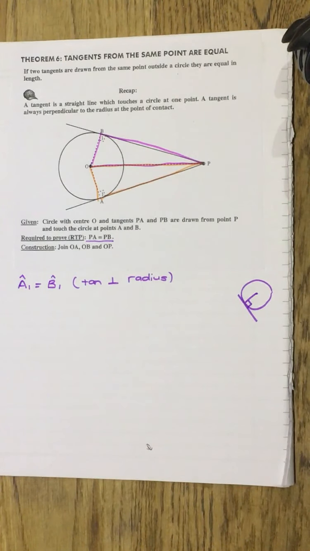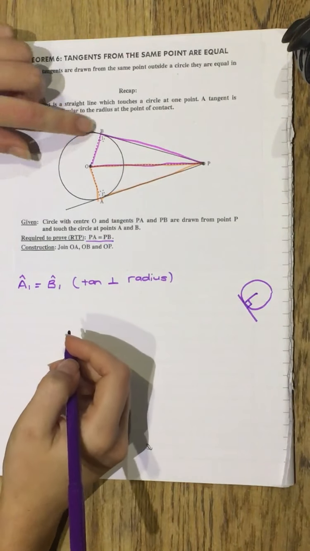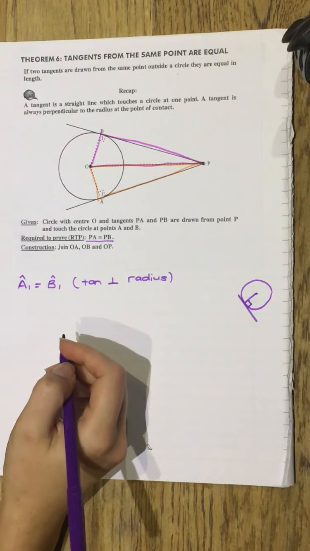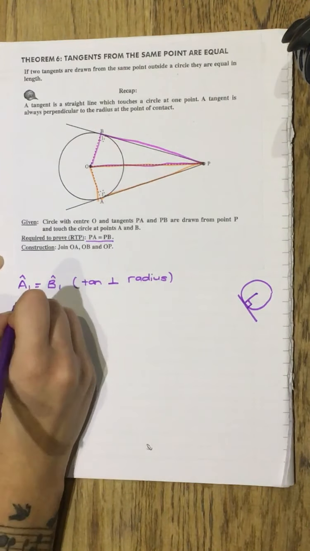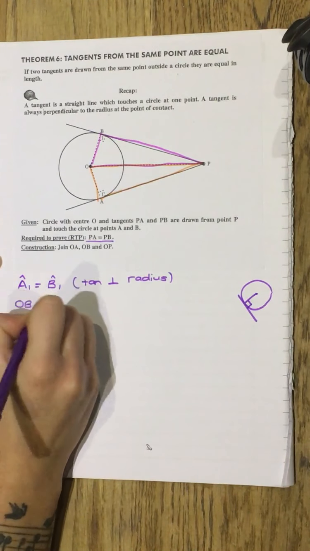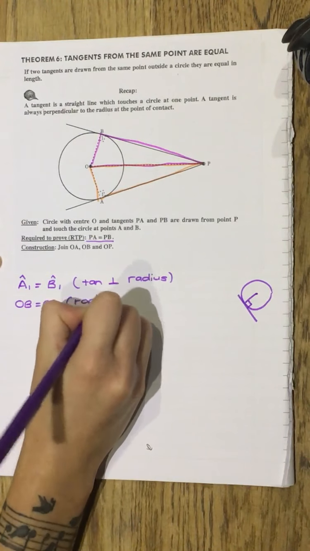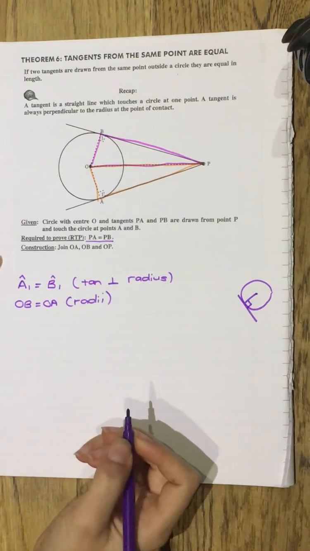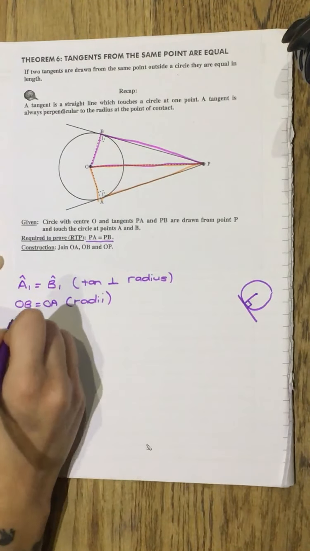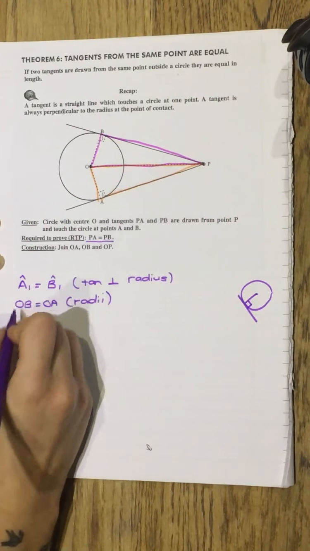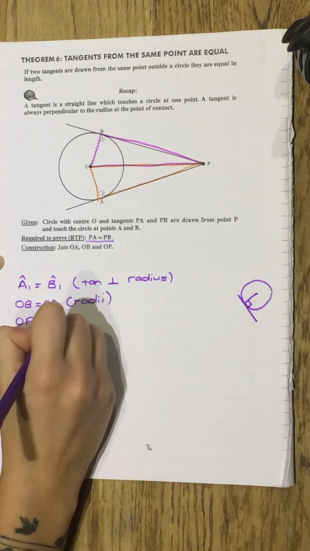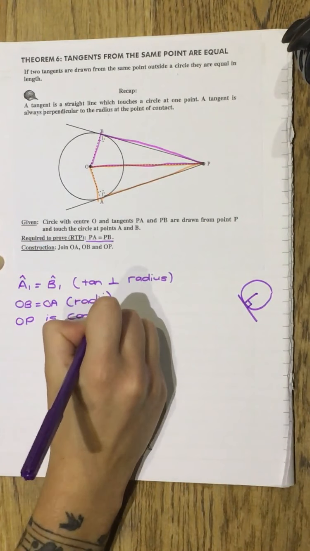The next thing we said was that BO and AO are equal to each other. So I'm going to say OB is equal to OA because they are radii. Radii will definitely be equal. Lastly, we can say that the centre one, OP, is common.